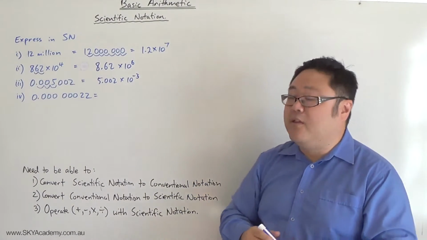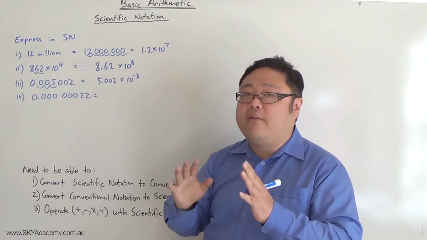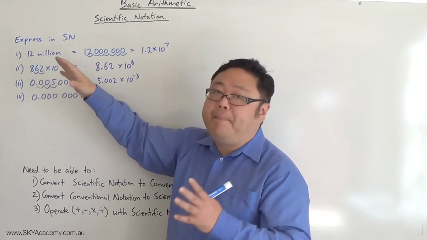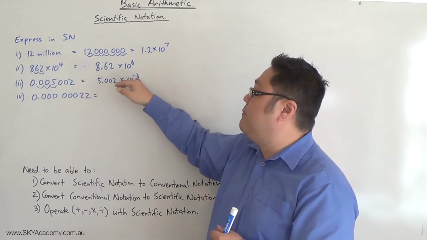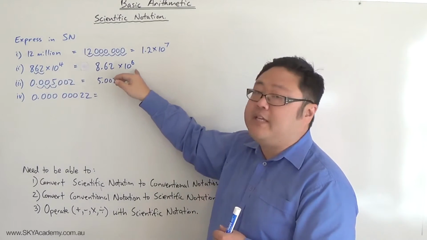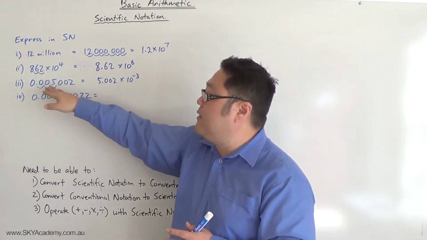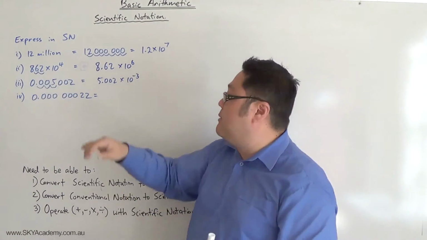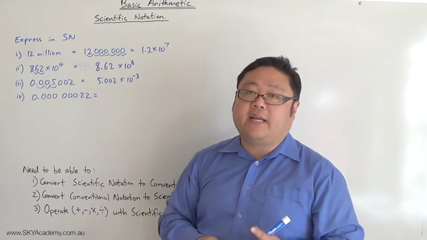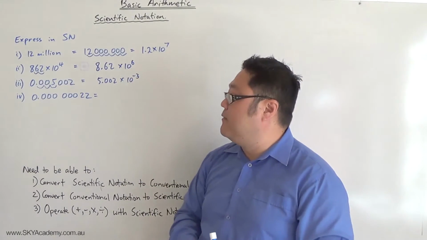Okay? And a good way of remembering this, if the number's a big number, we know that the factor of 10 will be positive, whereas if the number is a decimal or a really small number, the factor of 10 will be negative. Okay, in this case it's negative, right?